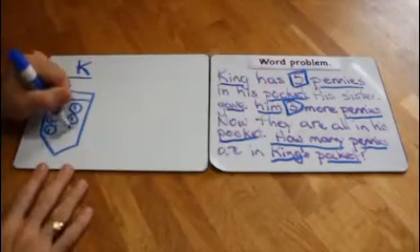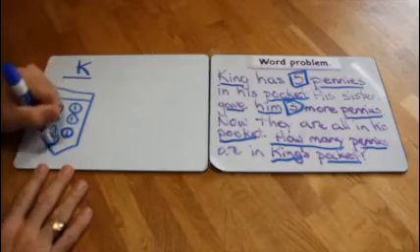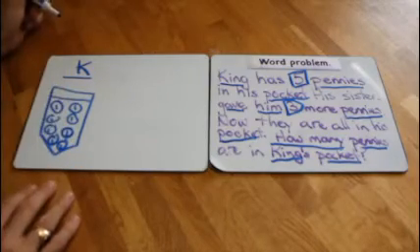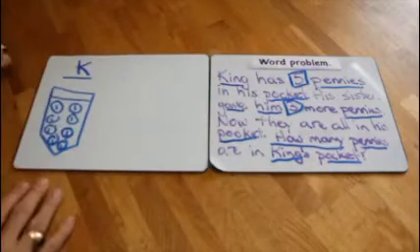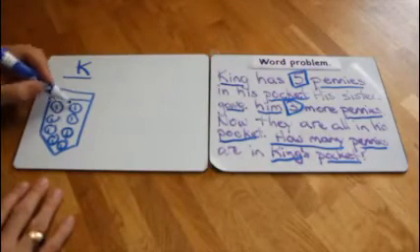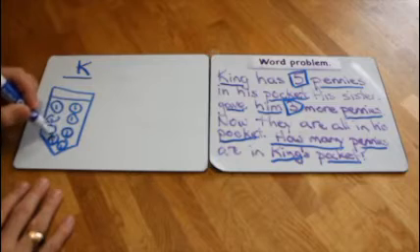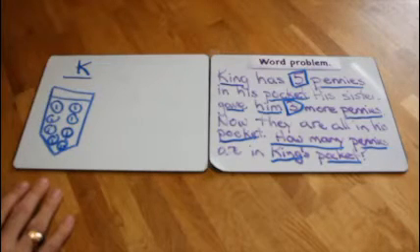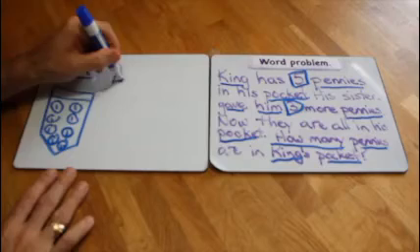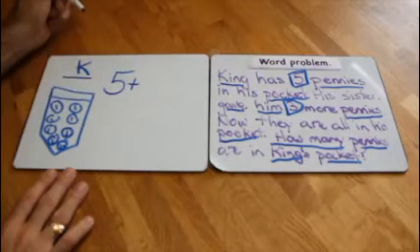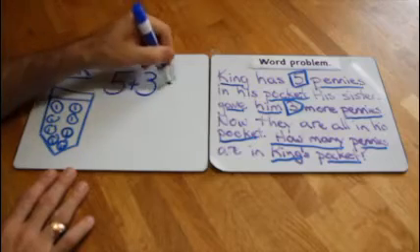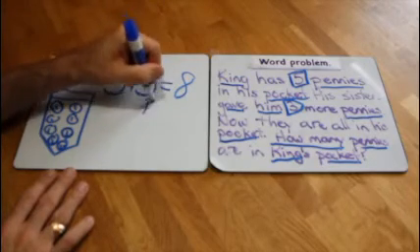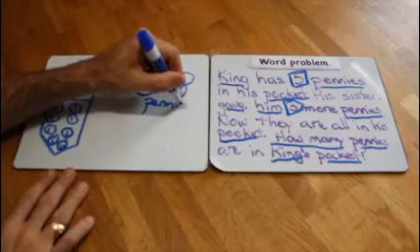So he's got to put his 3 more in here. 1, 2, 3. How many pennies are in King's pocket? So how many pennies now are there in his pocket? 1, 2, 3, 4, 5, 6, 7, 8. Okay? Because 5 that he had to start plus 3 his sister gave him equals 8 pennies in his pocket.